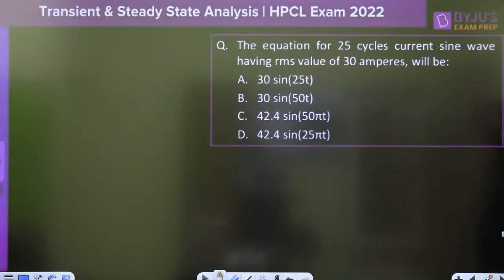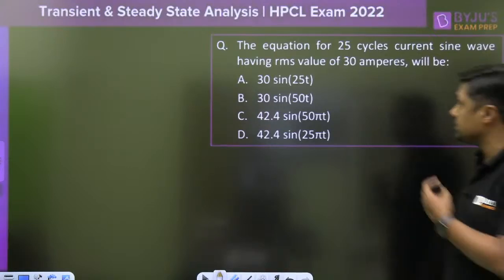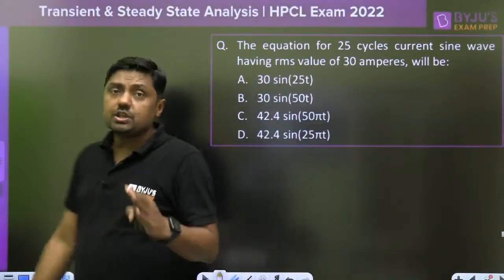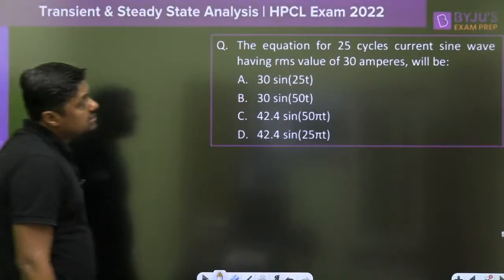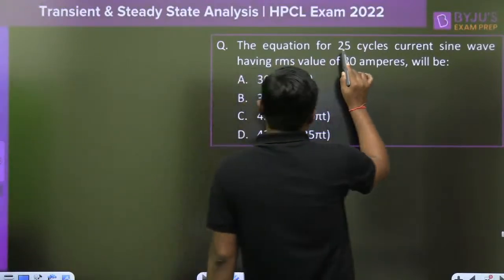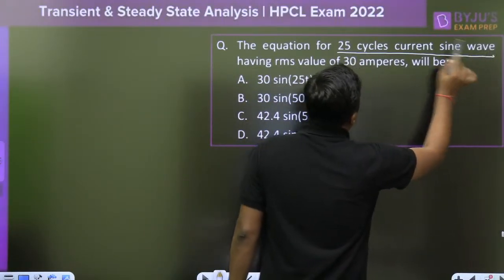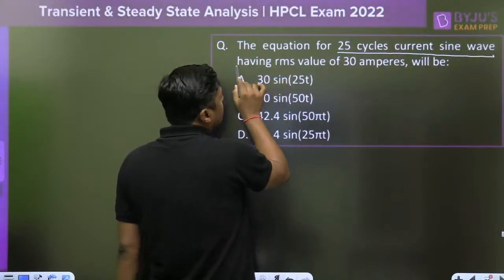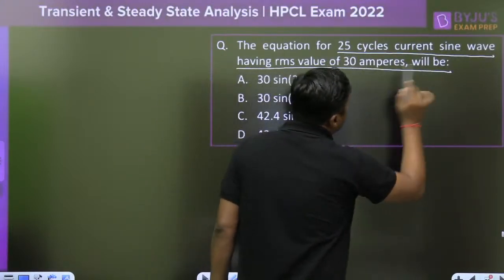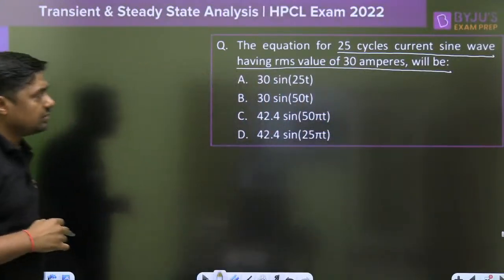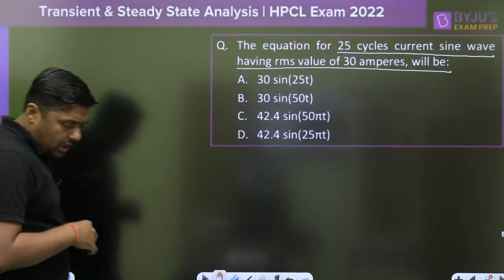Now tell me what is the equation for a 25 cycle current sine wave having an RMS value of 30 amperes? If it is given that it is a 25 cycle current sine wave having the RMS value of 30 amperes, what will be the equation? Okay, give me the answer in the comments box.